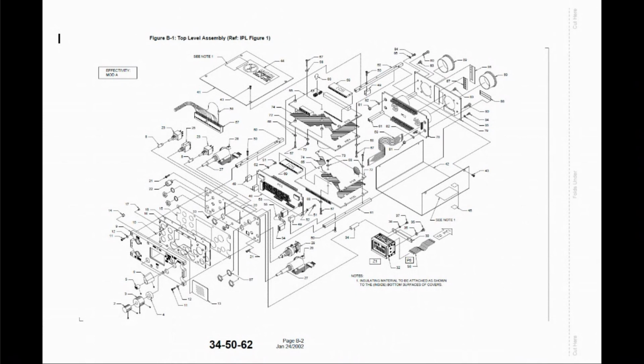Can you talk a little bit about the level of detail that's in this image and what's going on here with all of this information? So all this information is linked to a BOM, or bill of materials. Each and every single part here has a number on it, and that number correlates to a part number on that list.